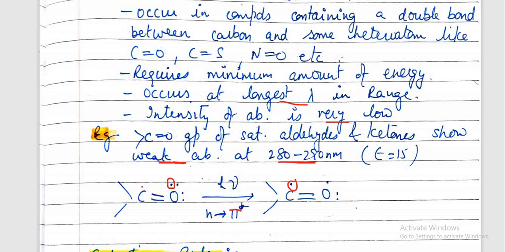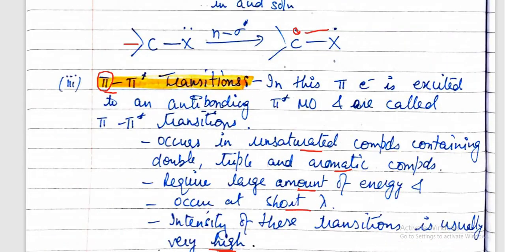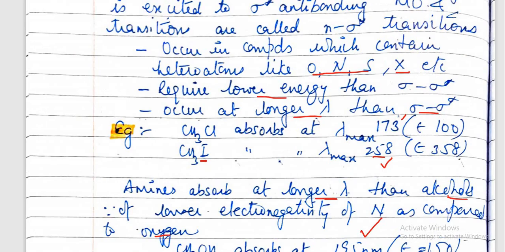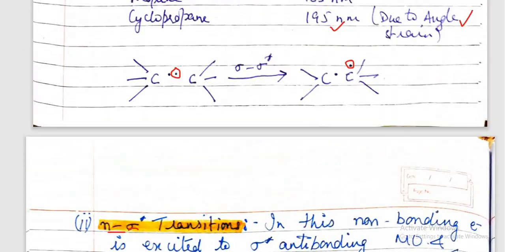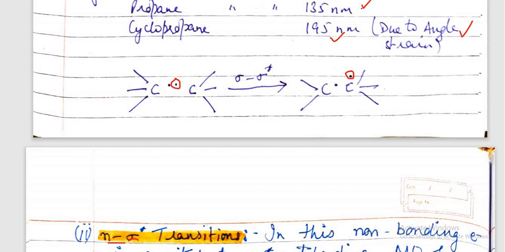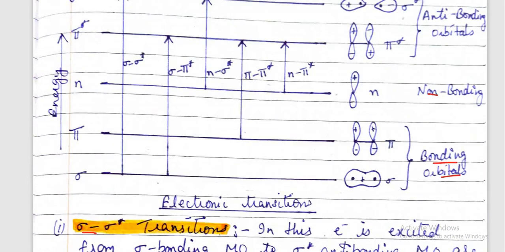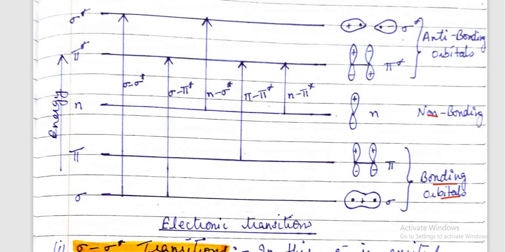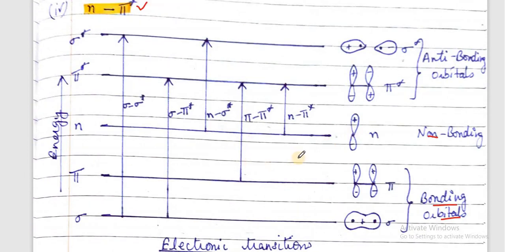These two transitions we will be discussing in detail, or we can say these two transitions are important for us in the UV region. If we see the energy diagram of the four types of transitions, we are concerned with only two, pi to pi star and n to pi star.